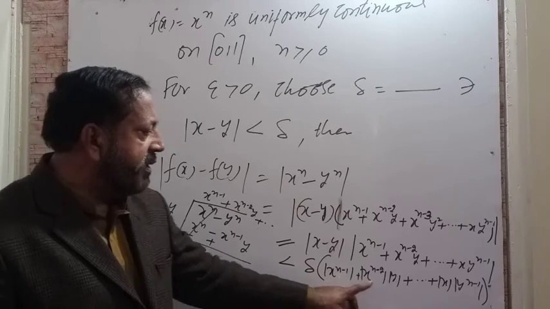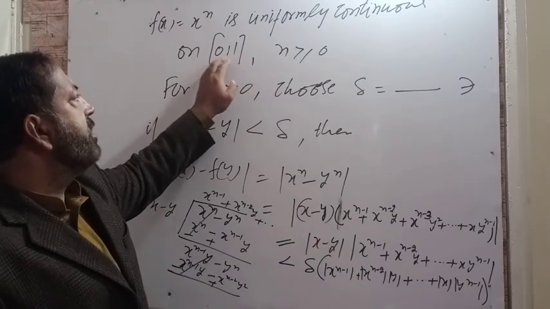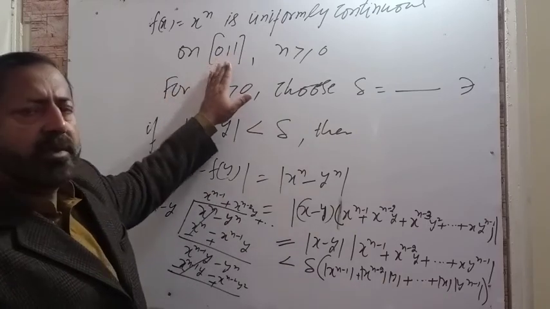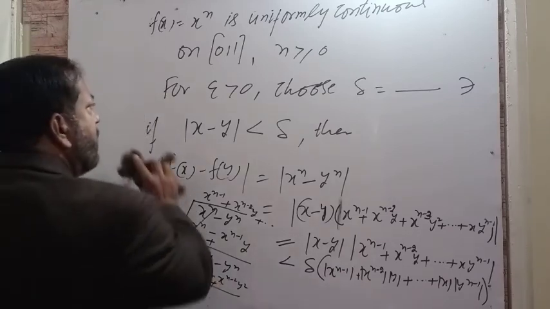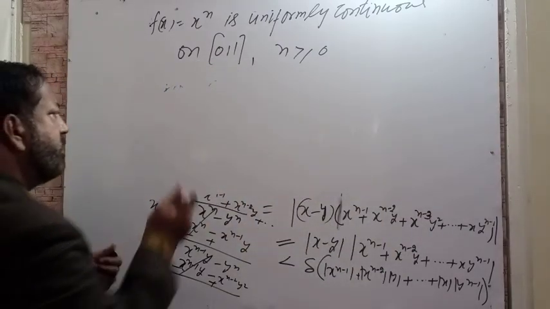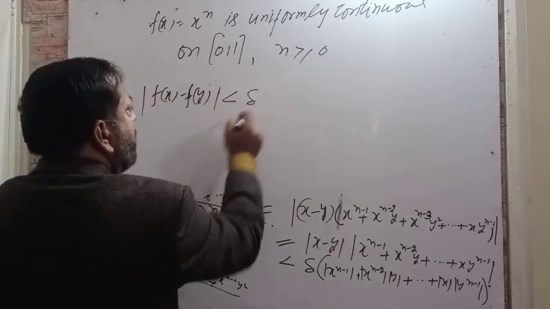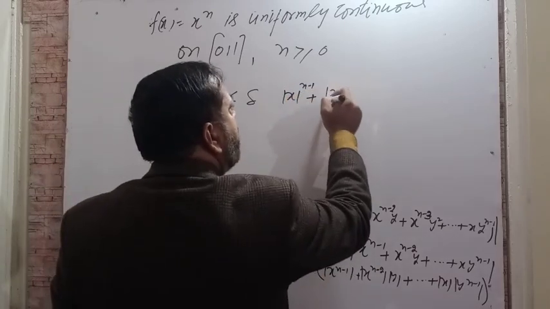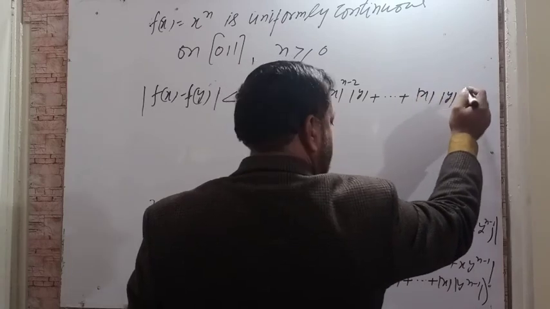If you substitute the maximum value, because x and y are points of this interval, then |f(x) minus f(y)| is less than delta times (|x|^(n-1) plus |x|^(n-2)|y| plus so on plus |y|^(n-1)), whenever |x minus y| is less than delta.